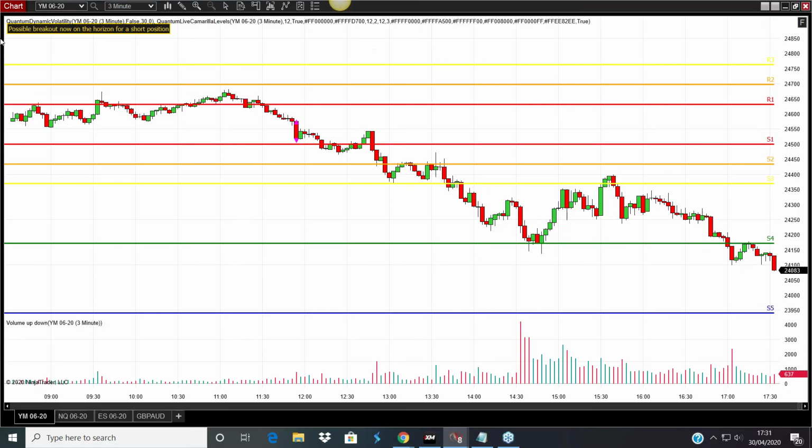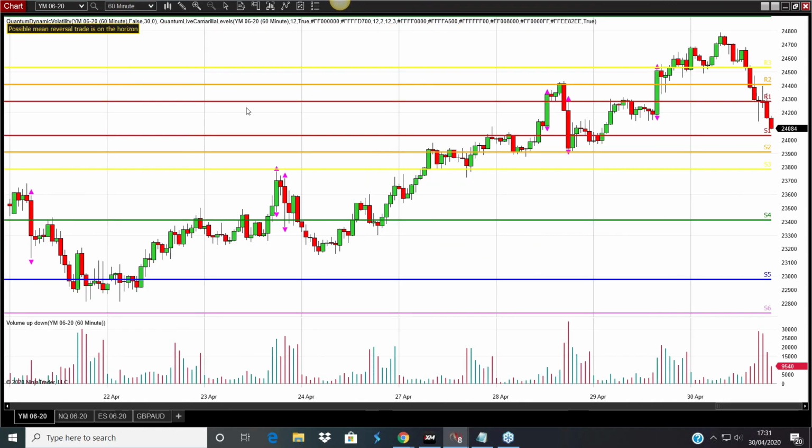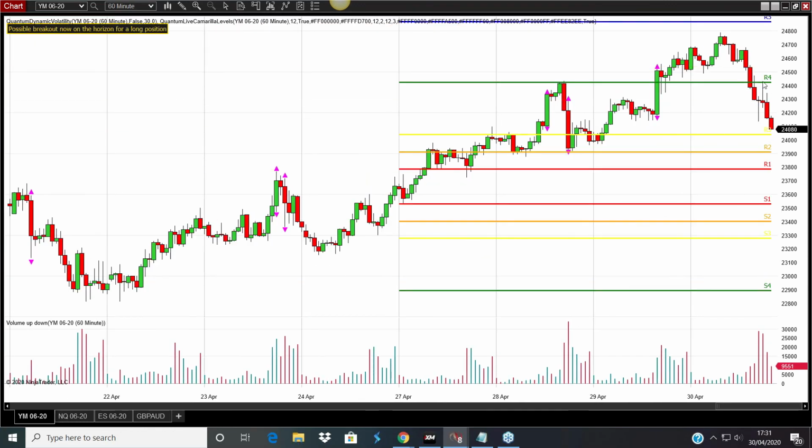But if I just flick that up and bring up the hourly one and see how that sits, we can see here, this is what I'm saying about resistance and support, because obviously the YM has been in an uptrend. This is what this has been reflecting. It went through the R4, looked as though it was going to break higher, didn't quite get to the R5, reversed, and now it's moving lower.